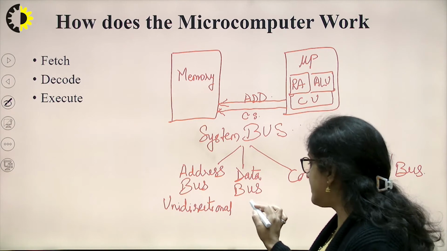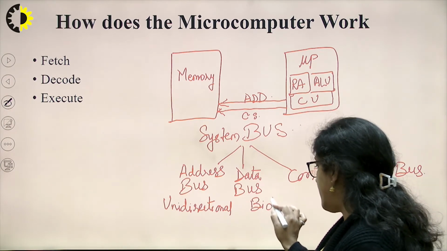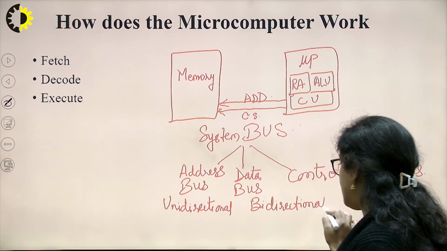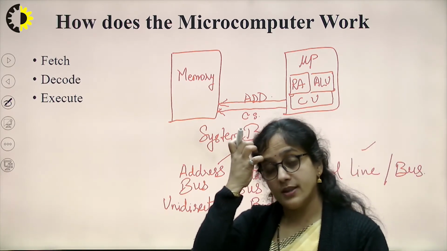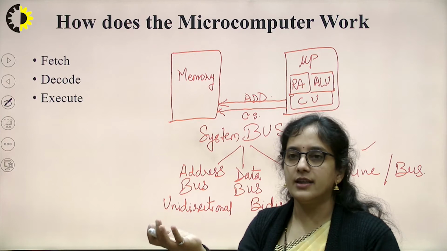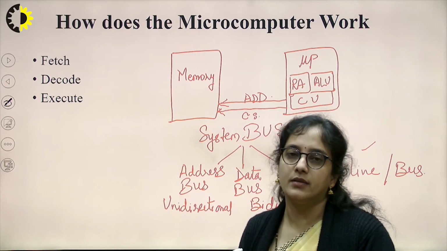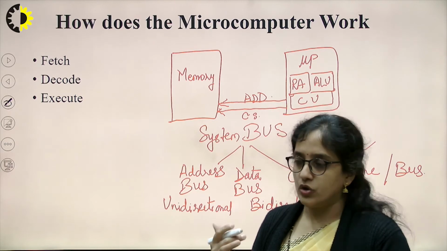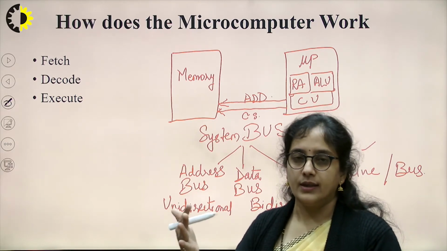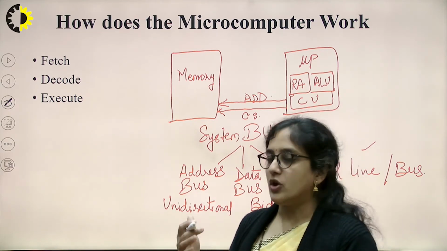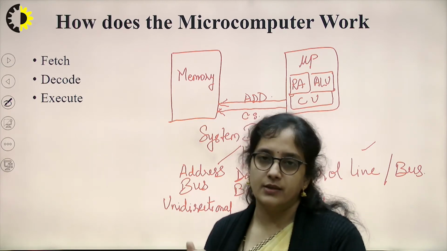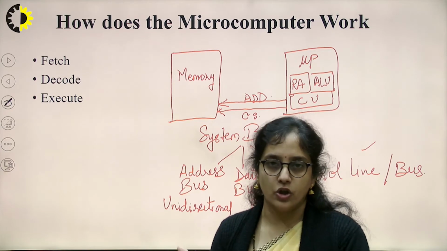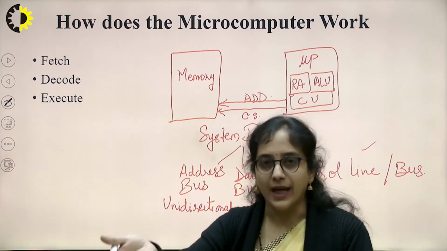Now the data bus is bidirectional, because it takes data from the microprocessor to other devices and from other devices back to the microprocessor. There is two-way communication, because we need data from the outside world to the microprocessor, and the microprocessor performs arithmetic and logical operations and gives results back to the outside world.